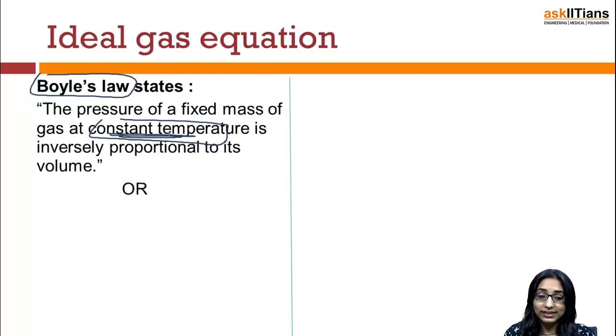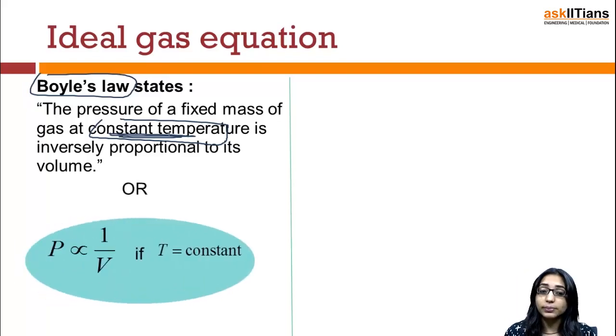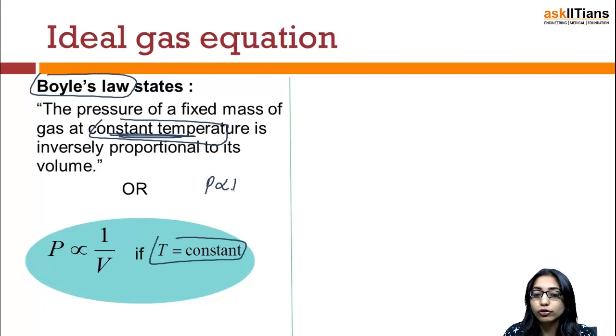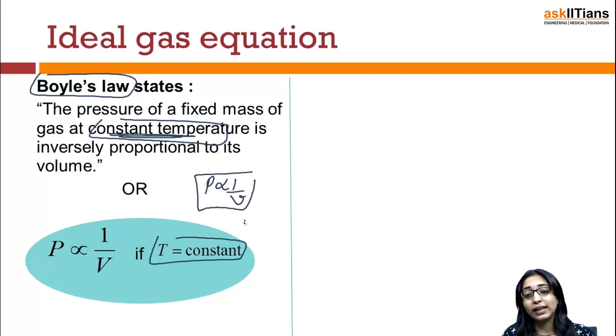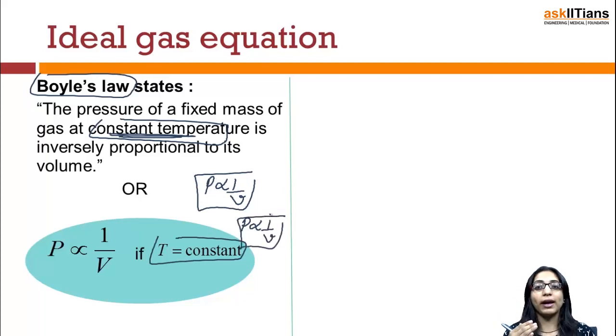In numerical terms, once you keep the temperature constant, pressure is inversely proportional to volume, or I can also say pressure is directly proportional to 1 by V. Whether you call it an inverse proportionality or a direct proportionality with respect to volume.